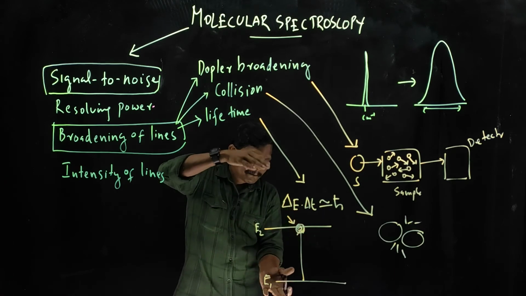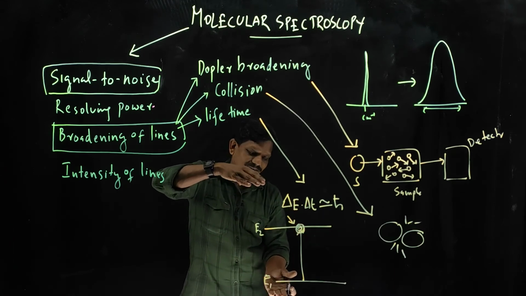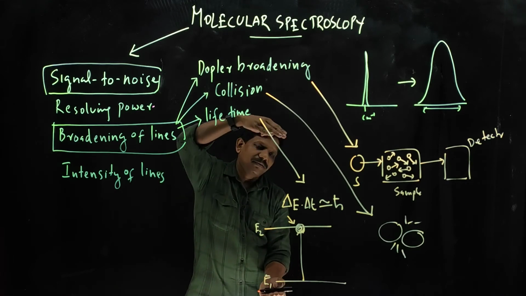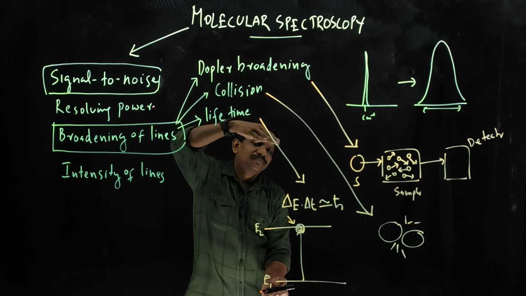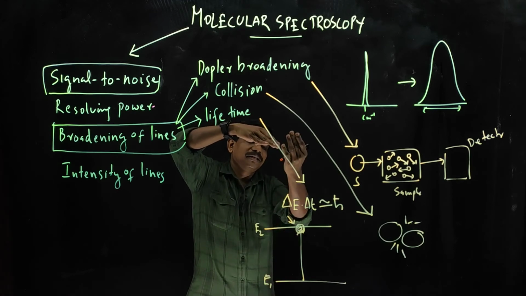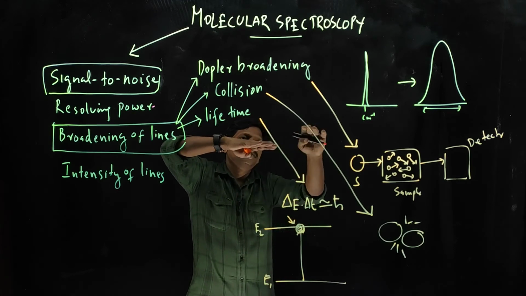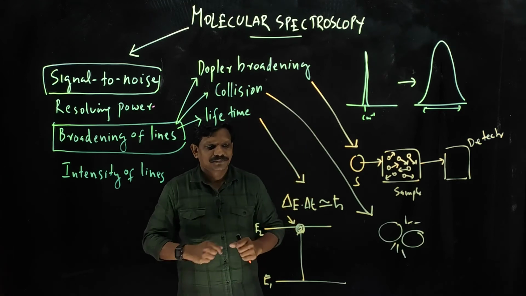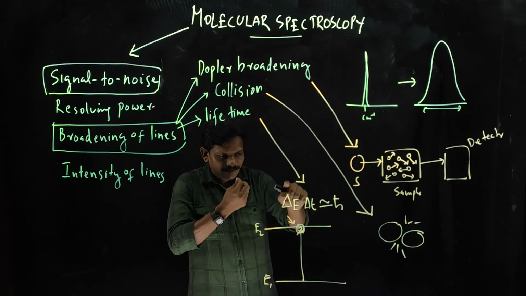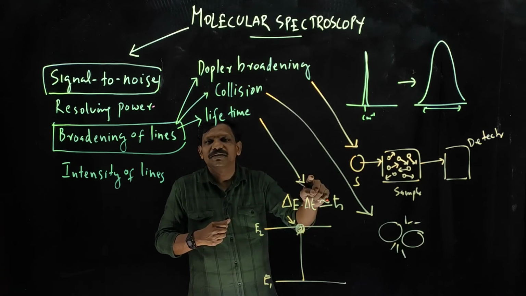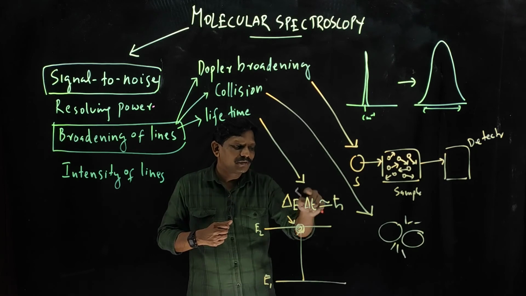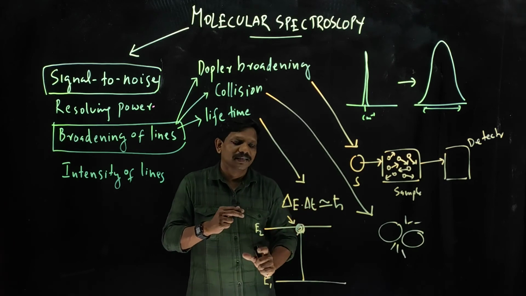That depends upon the energy. That is reverse. That means when the energy level is very high, the molecule will reside at the excited state for very little time. That means when energy level increases, this time decreases, and when this time increases, the energy level decreases.